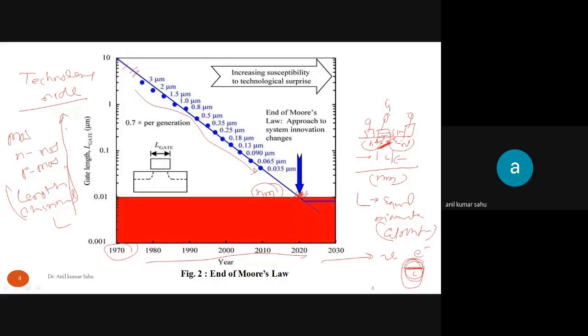Beyond this, we can't reduce the size. We can't reduce the channel length. So this is the situation, the end of Moore's law. Here the approach of system innovation is different, and this will change.